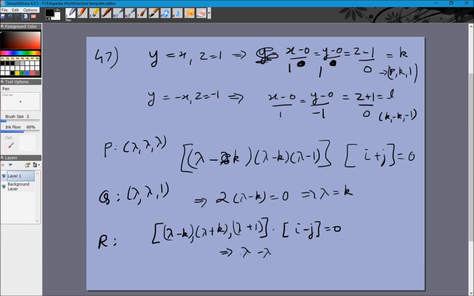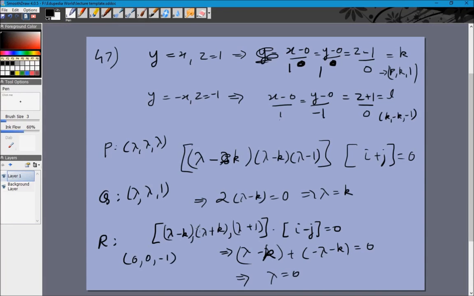Which means lambda minus k into 1 plus lambda plus k into minus 1 is equal to 0, which gives me, minus k and minus k cancels, lambda is equal to 0, which means this point R is 0, 0, minus 1. So we have P, Q and R.